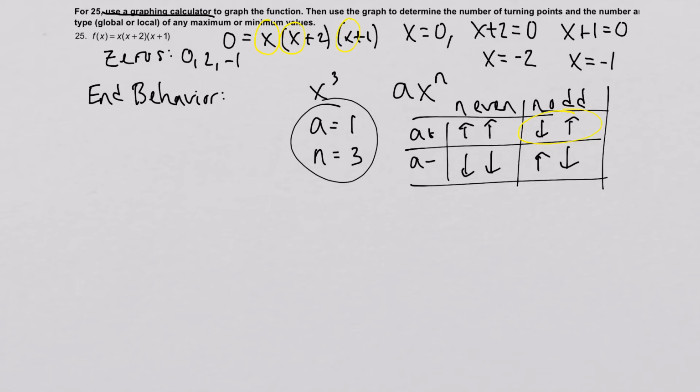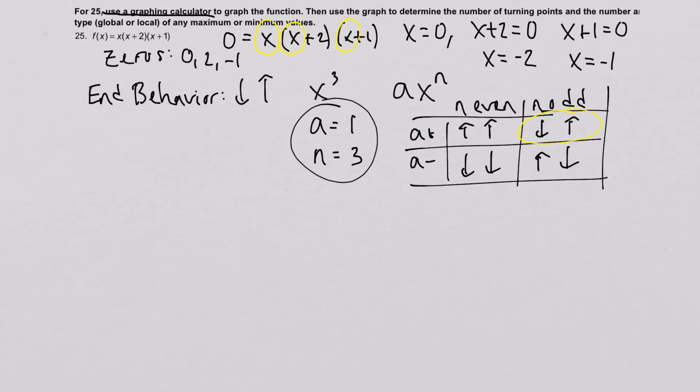Okay? So that pretty much gives me enough information. The only thing left to do is to figure out if it's going to be crossing at each of those zeros, or just being tangent, just touching those points. So my end behavior is, once again, down and up. By looking at those zeros, remember you determine the multiplicity, how many times those zeros are actual solutions of this graph.